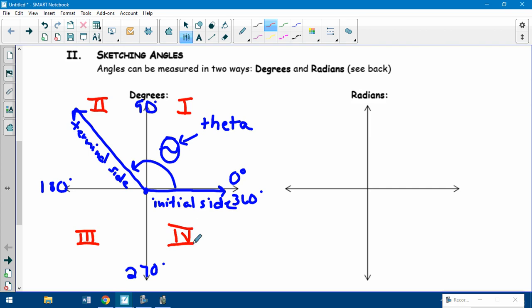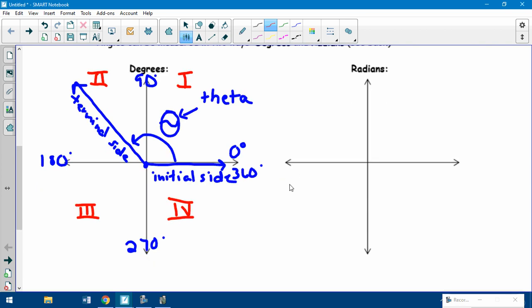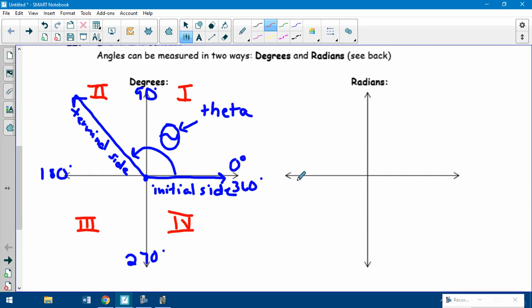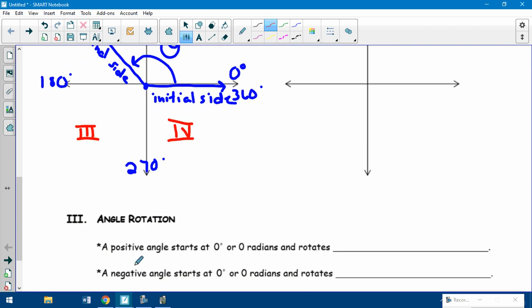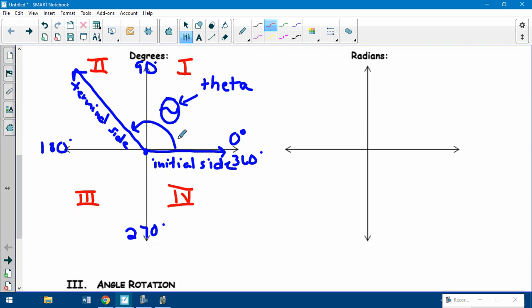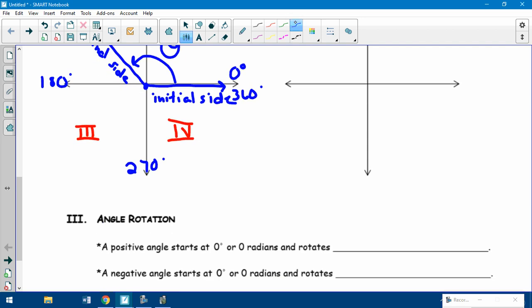Now we'll come back to this idea about radians in a second. But radians are basically just another way to measure angles. Angle rotation: a positive angle starts at 0 degrees or 0 radians and rotates counterclockwise, which is how I drew this angle. This is a positive angle, and you go counterclockwise around, so opposite of the way that the hands on a clock move. A negative angle, whether it's in degrees or radians, rotates clockwise around.